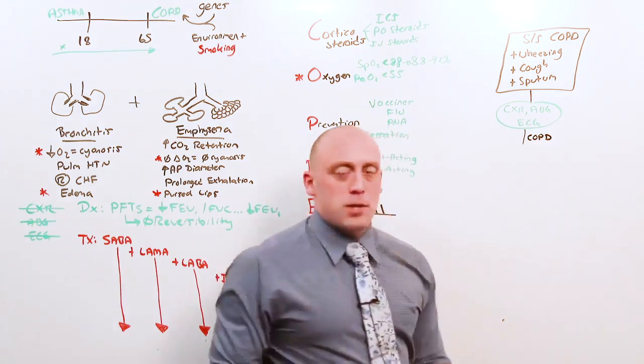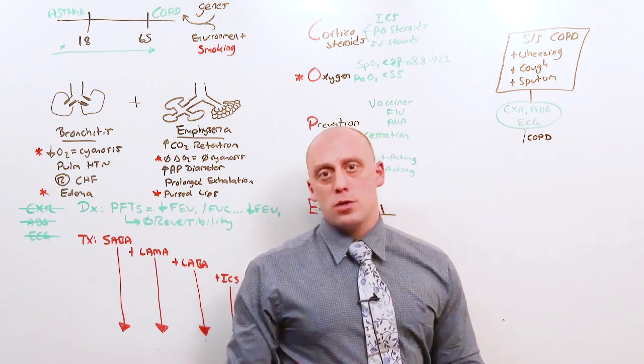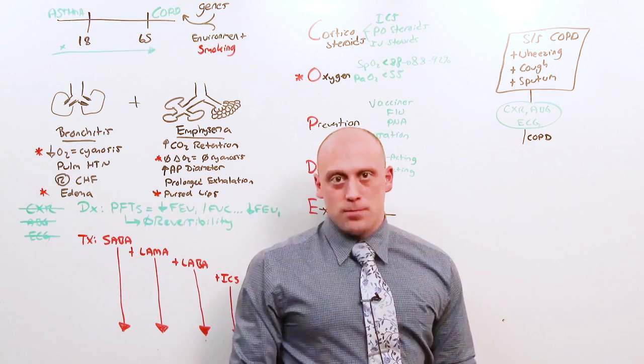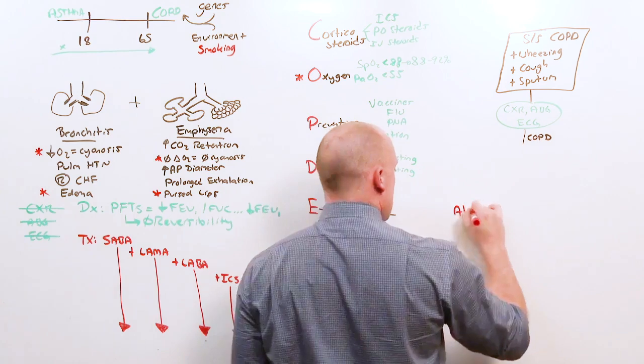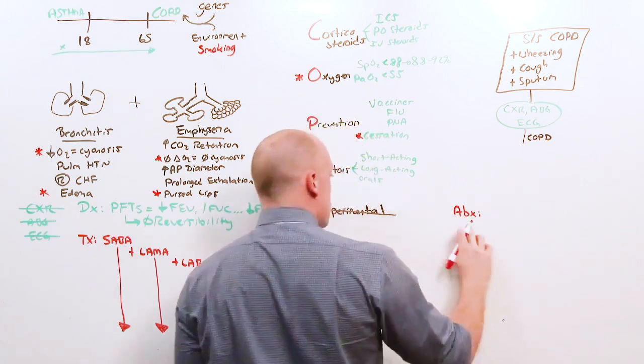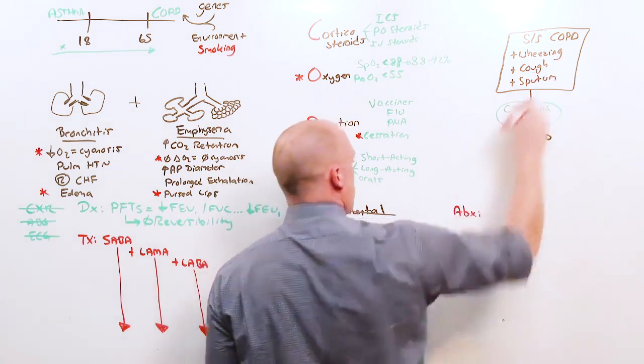All COPD exacerbations are treated essentially in the same way. And whether you do that at home or in the hospital or in the unit, it's basically the same concept. All COPD exacerbations are going to get antibiotics. It's not true, not all of them, but most of the time you're going to give antibiotics because you identify the COPD exacerbation as cough and sputum production.